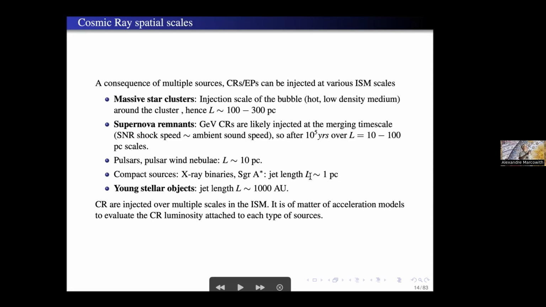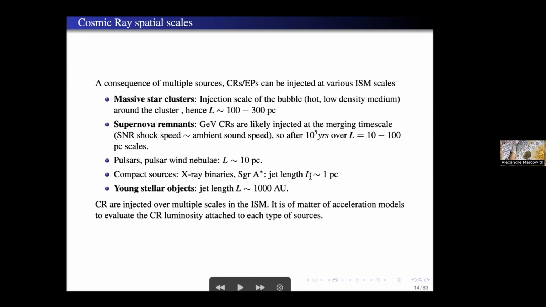Then pulsars, through their pulsar wind nebulae, about 10 parsec, and compact sources 1 parsec, and young stellar objects about the jet length, about 1000 AU. And these are interesting because they can re-inject and feed back at a small scale.